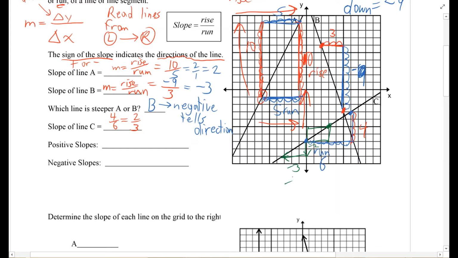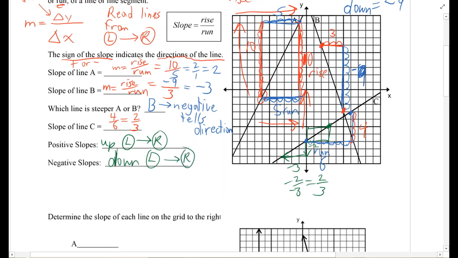And so -2 over -3 still equals +2/3. All right. Positive slopes go up from the left to the right, and negative slopes go down from the left to the right. Okay.